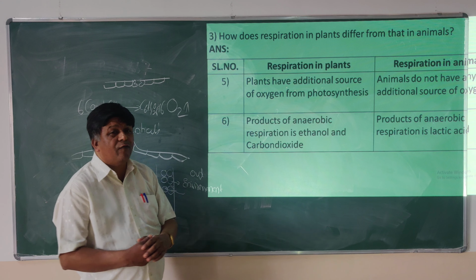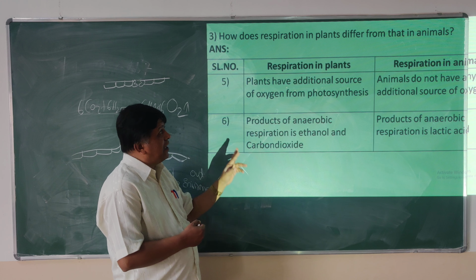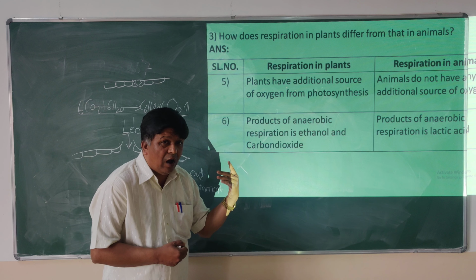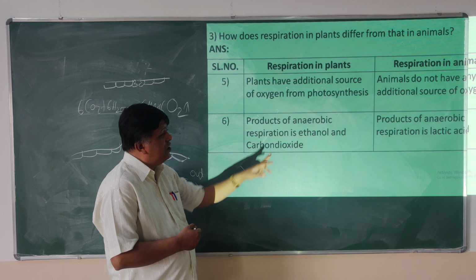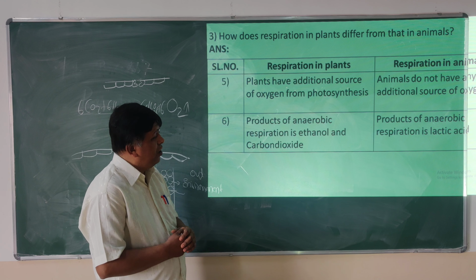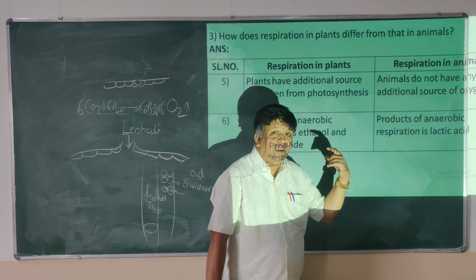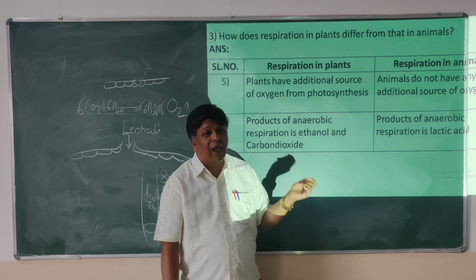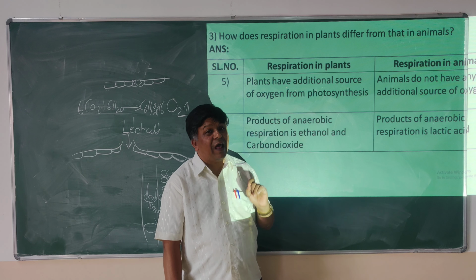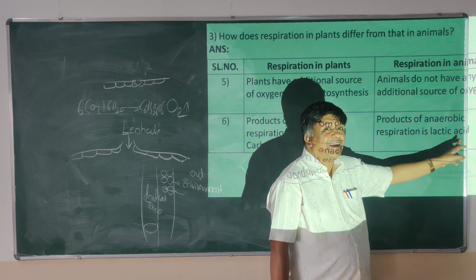And the products of respiration: plants can carry out respiration in the absence of oxygen, which may result in the formation of ethanol or ethyl alcohol along with carbon dioxide. Whereas in animals, some cells also carry out respiration in the absence of oxygen, but there they produce lactic acid.